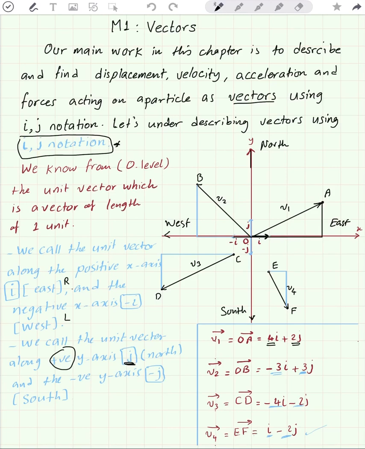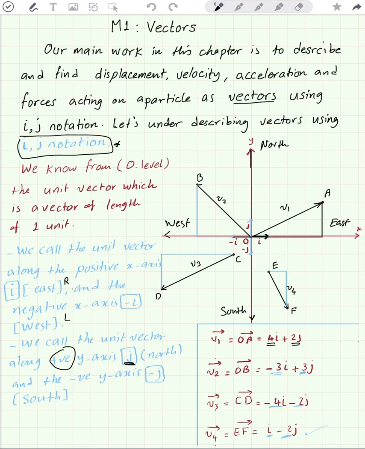Our work on this page will be describing each of the vectors V1, V2, V3, V4, as shown in the diagram, using IJ notation. So look at the vector V1, for example. V1, which is the vector OA. To move from O to A, we go 4 times I. Look, 4 I's.